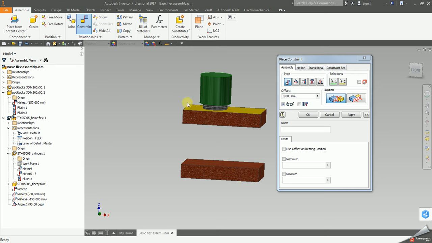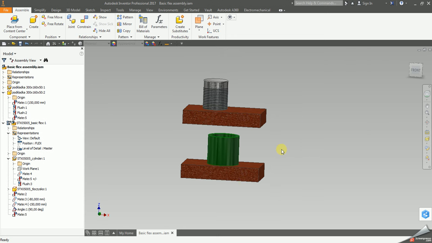This is enough. I will try to accept the proposed solution. As we can see now, the cylinder is brought back to where it was, so these constraints are now met, but these constraints are not met.